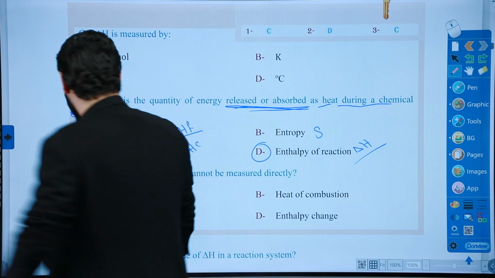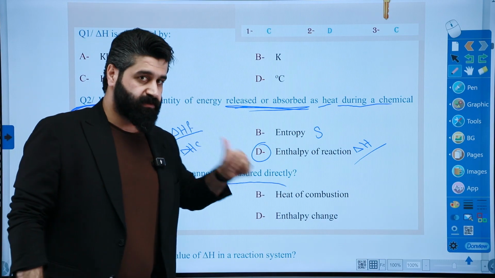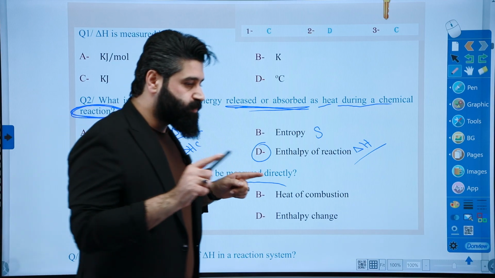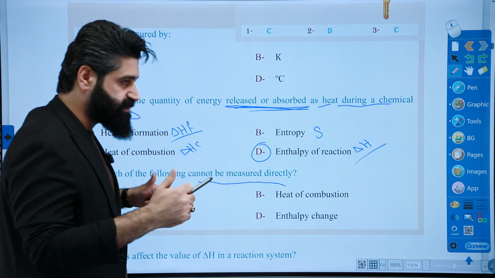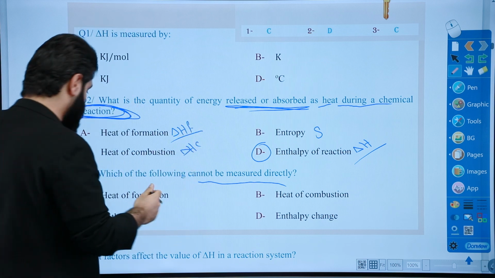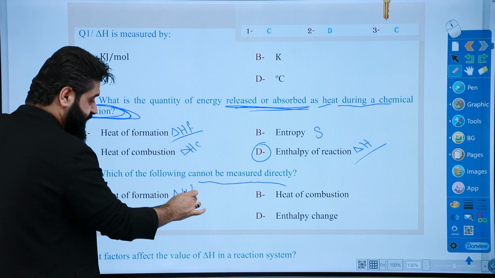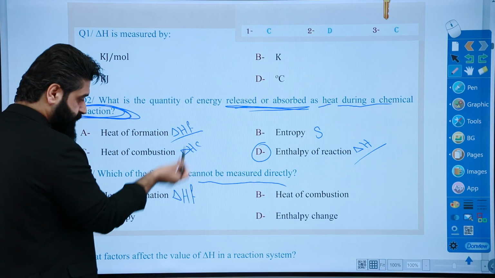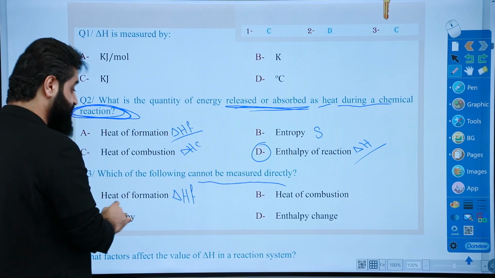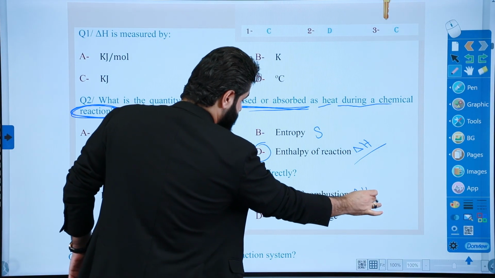Okay, another one. Which of the following cannot be measured directly? Look. All the values with delta can be measured directly, but the one without delta, which is H, cannot be measured. Look at it. Heat of formation, delta HF. Yes, it's a directly measurable value. Heat of combustion is delta HC.